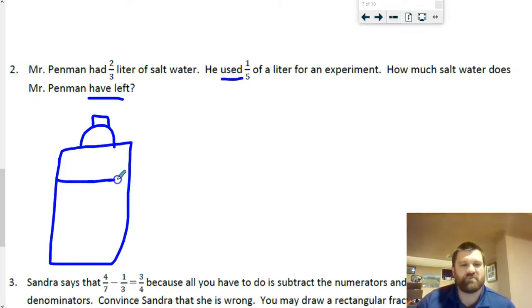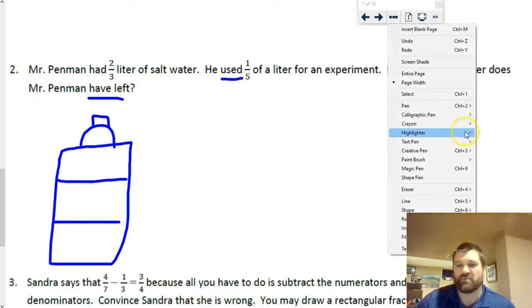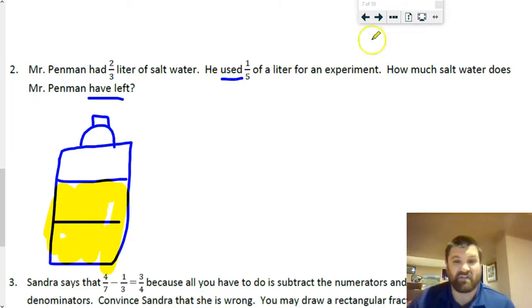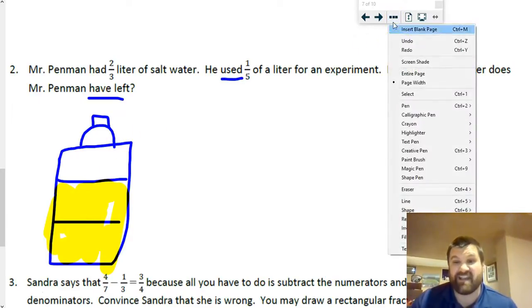He has 2/3 of it. So I love drawing pictures. You're more than welcome to draw pictures. He has 2/3 of it right here, correct? So we don't know what he already used the third on, but we know he used it and it's gone.